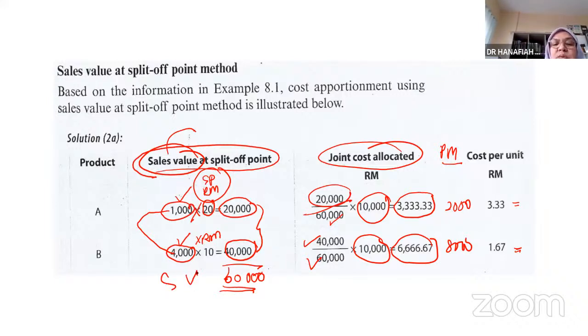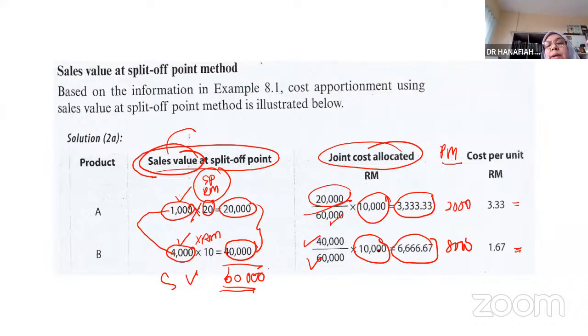Once you have this, you take this 20,000, the sales value for A, you divide into 60,000, you times 10,000, you will get 3,333. And for B, 40,000, divide into 60,000 times 10,000, you get now 6,667. That is sales value at split off point.